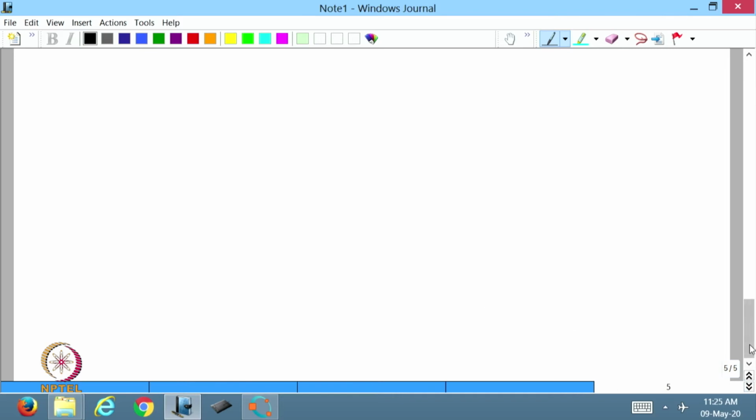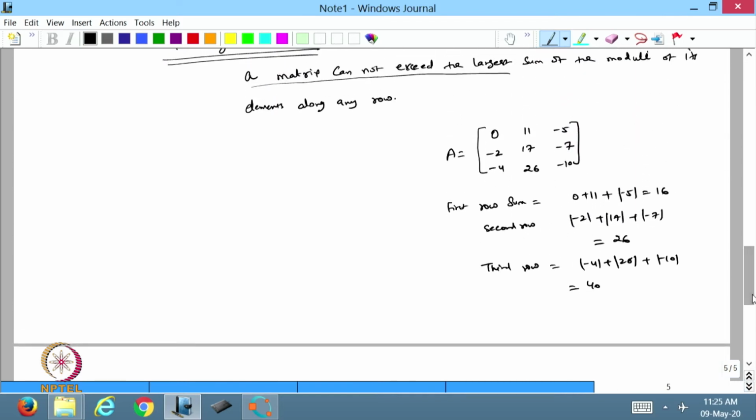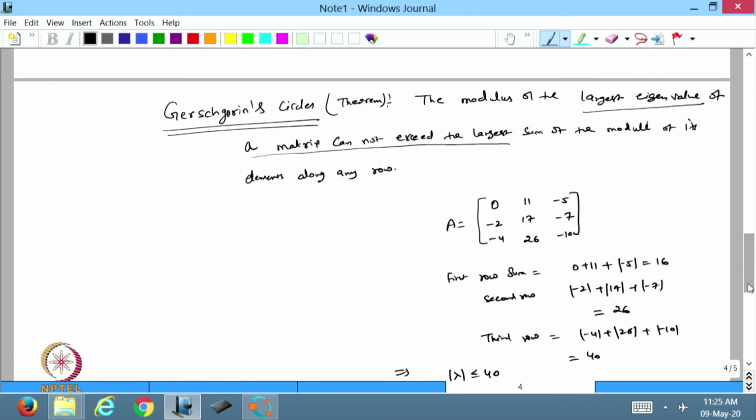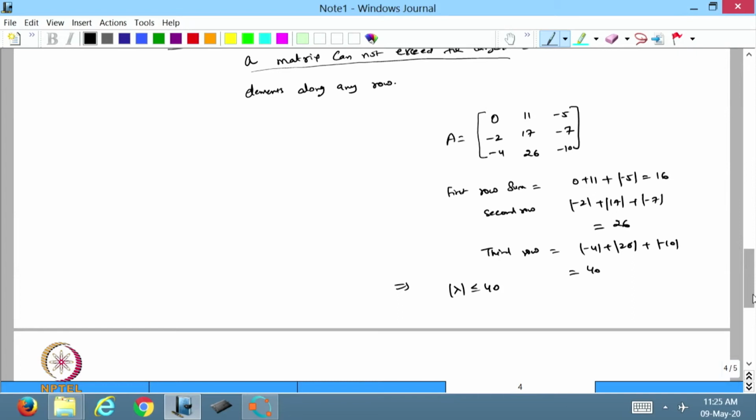So, from here it says that if I take any eigenvalue, its modulus is always less than or equal to 40. So, that is the modulus of the largest eigenvalue, lambda maximum, which is at most 40.